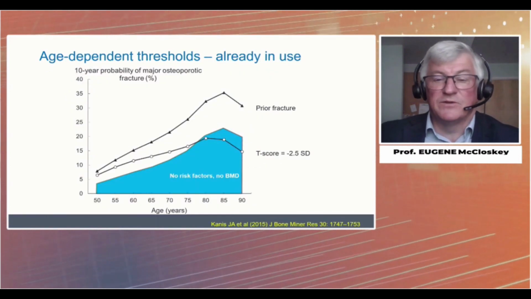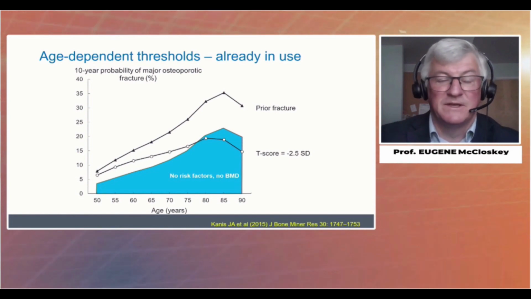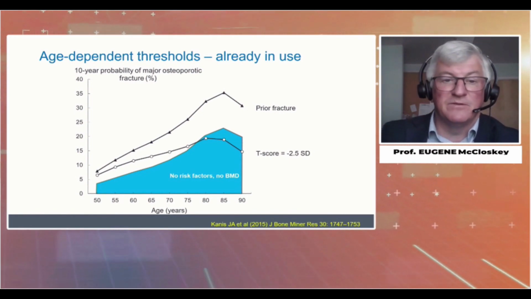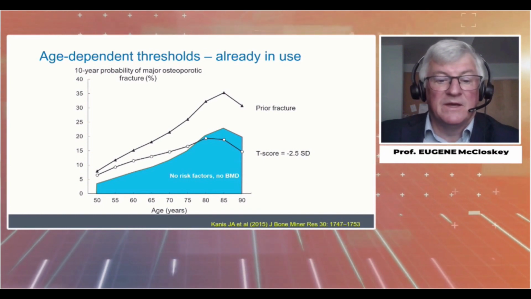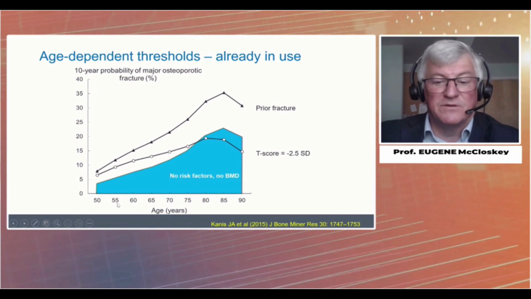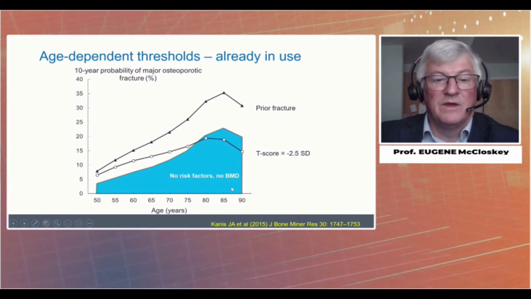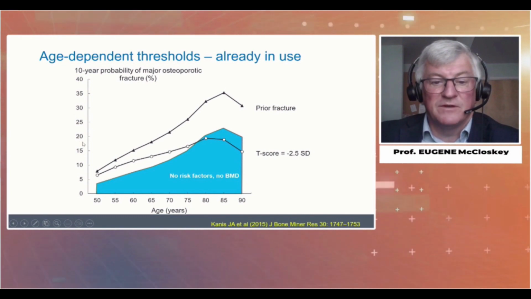So age-dependent thresholds: actually, most of us, in terms of fracture risk, have been using age-dependent thresholds ever since we started using bone mineral density. In this diagram, we're looking again at postmenopausal women from the age of 50 up to 90, and the 10-year probability of major osteoporotic fracture on the left here.